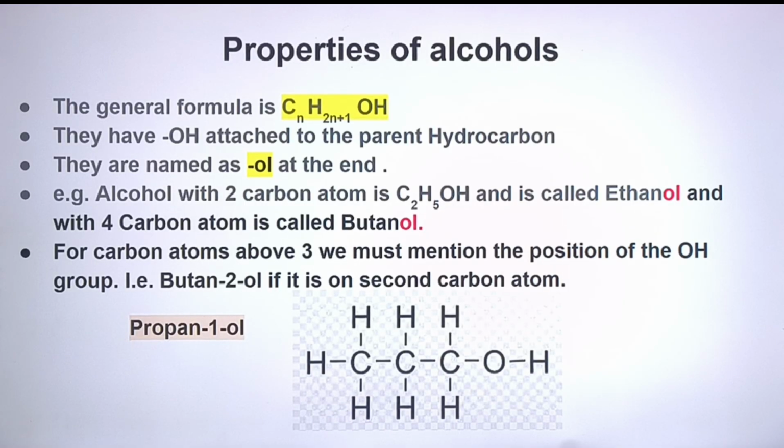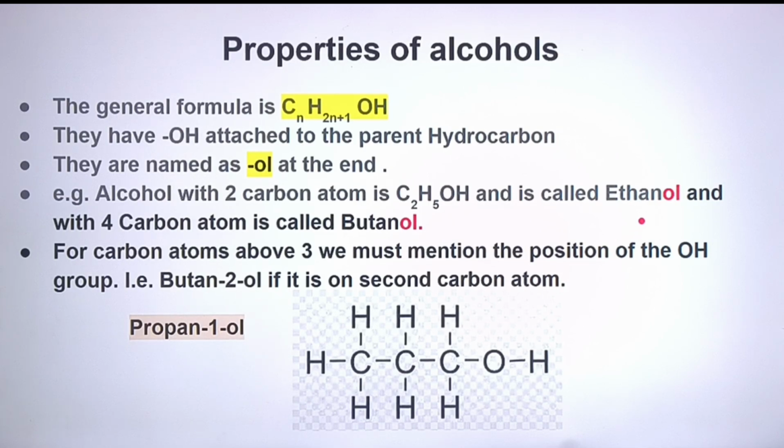For example, if there were 3 carbon atoms in the parent and then there was an OH, we will say propane because of 3 carbons and OH, so alcohol, and it's on the first carbon. So propane-1-ol.